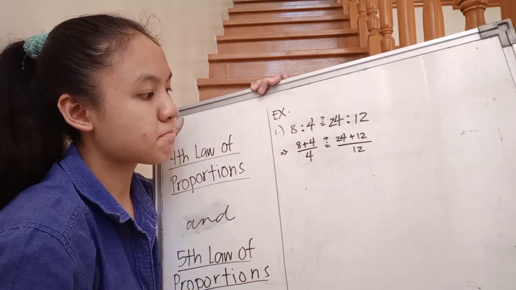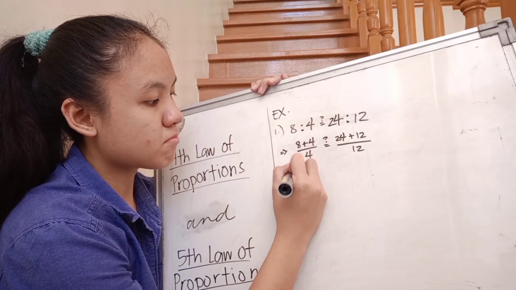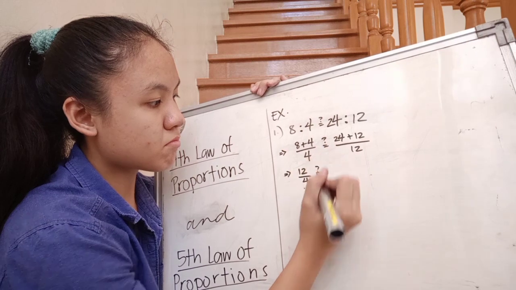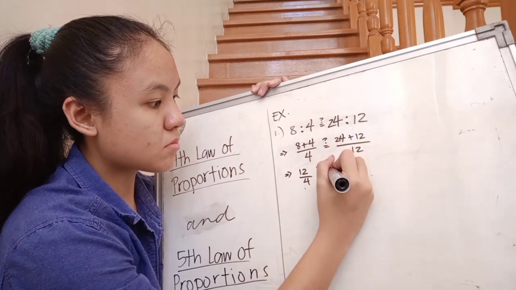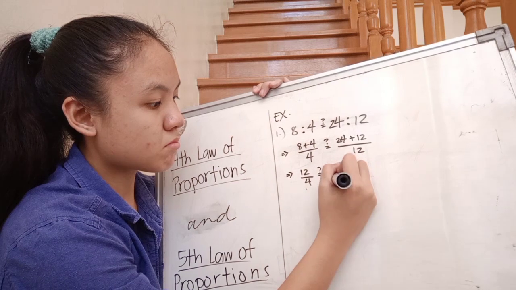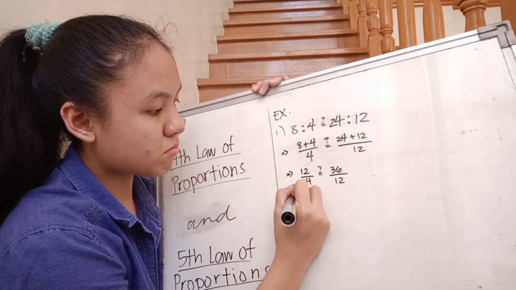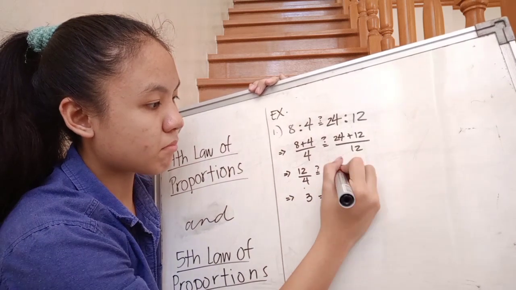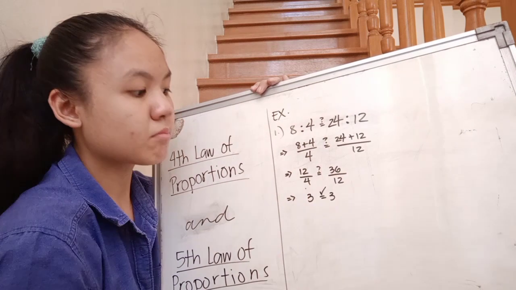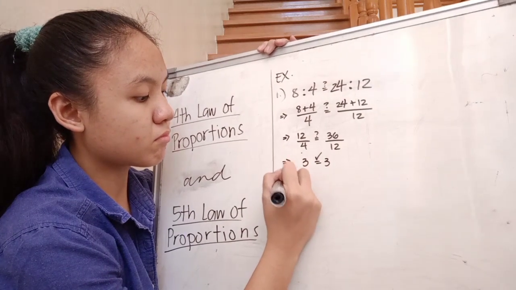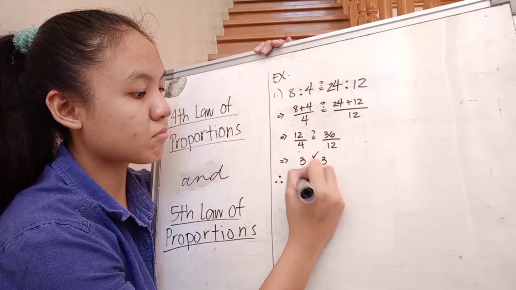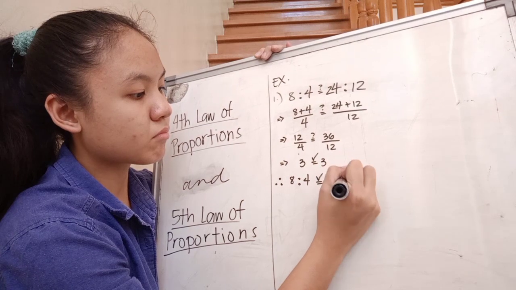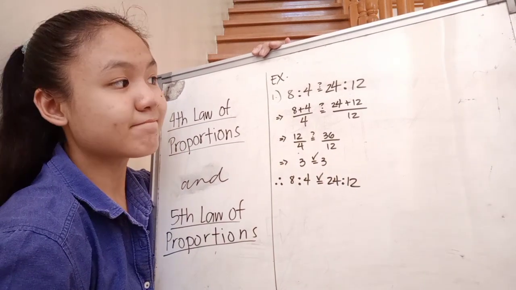To find out, 8 plus 4 is equal to 12 over 4 equals 24 plus 12, 36 over 12. Then we simplify 12 over 4, which is 3, and 36 over 12 is also 3. So therefore, 8 is to 4 is equal and proportional to 24 is to 12.